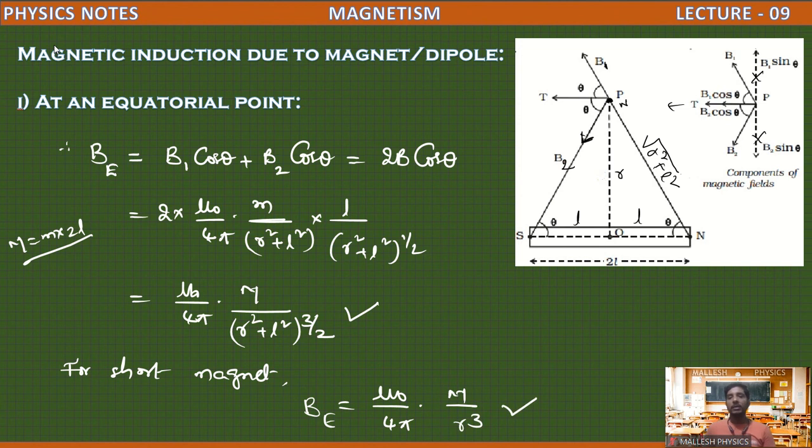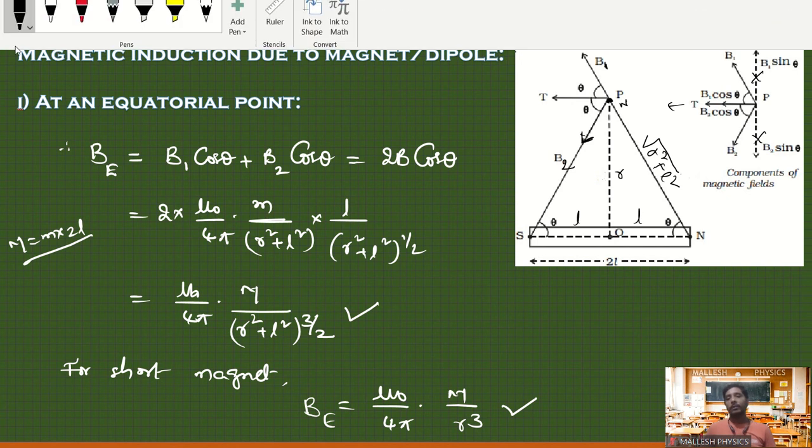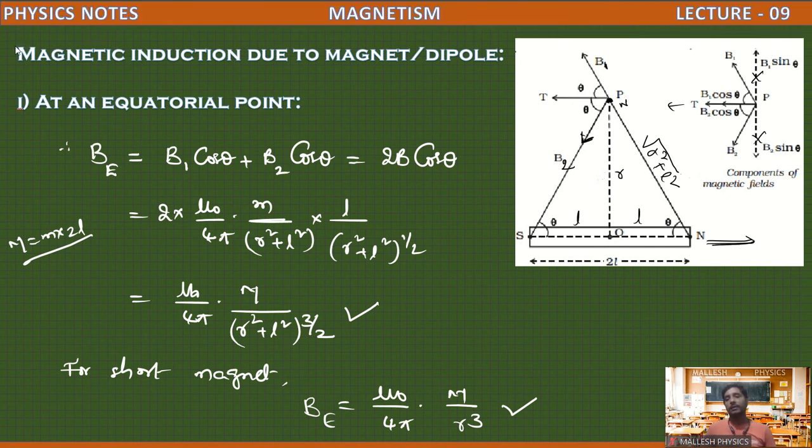Now if you see the direction, here the magnetic moment of the bar magnet is towards the right in this diagram. So this is the direction of magnetic moment, and this is the direction of the total or net magnetic field.